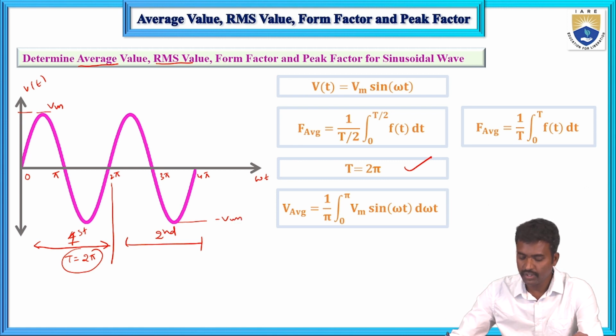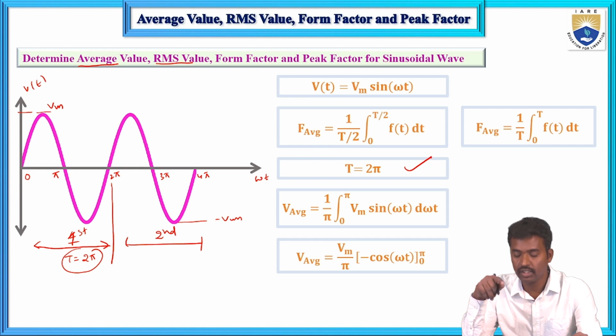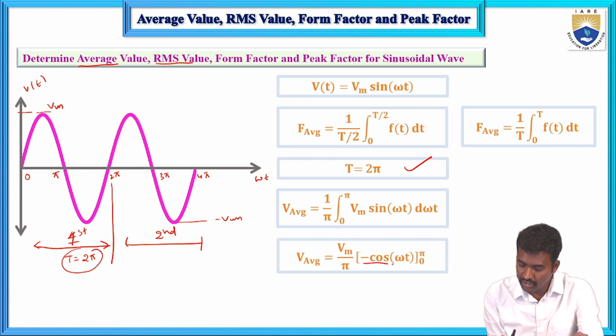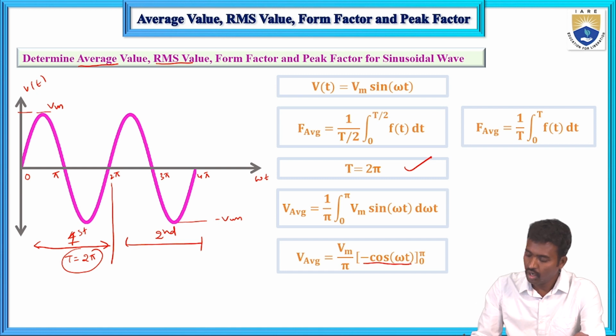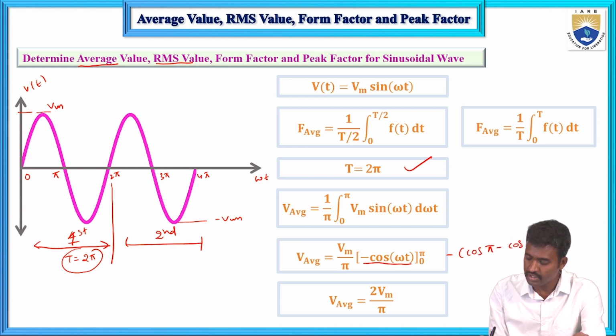Now if you integrate Vm by pi times sin omega t, the integration of sin omega t is minus cos omega t, with limits 0 to pi. Substituting the limits, minus of cos pi minus cos 0.